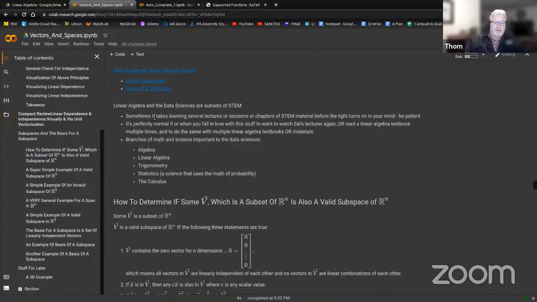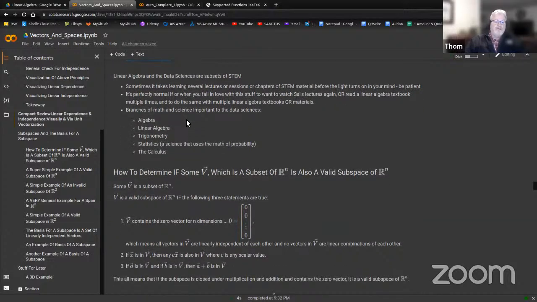So in linear algebra and the data sciences, they're both subsets of STEM. And I know we went over this last time, but I think it's worth repeating. Sometimes it takes learning several lectures or sessions or chapters of STEM material before the lights turn on in your mind. It's kind of like you're reading a novel right now, and you're really eager to find out what's going to happen later.